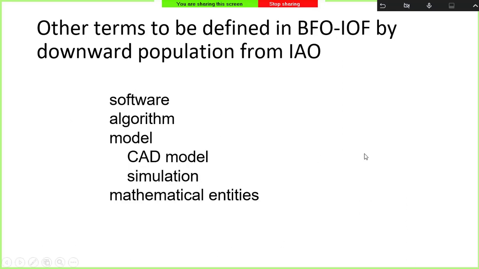All right, now IOF will need many terms relating to information entities and to abstract entities. Some of these we already have from IAO. Terms such as software and algorithms. Some of them we will need to define anew. And we have done very little work in defining mathematical entities in IAO, but there are some, including things like measurement results and units of measure and equations, for instance.